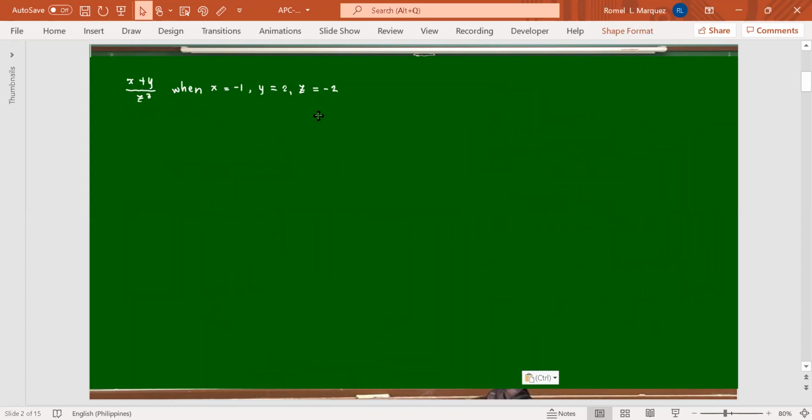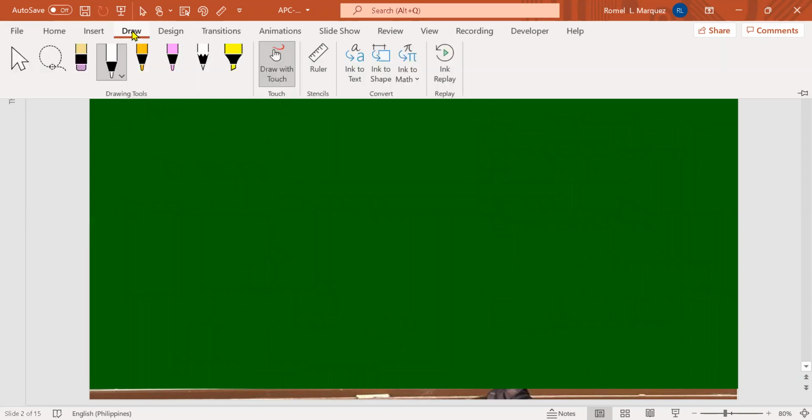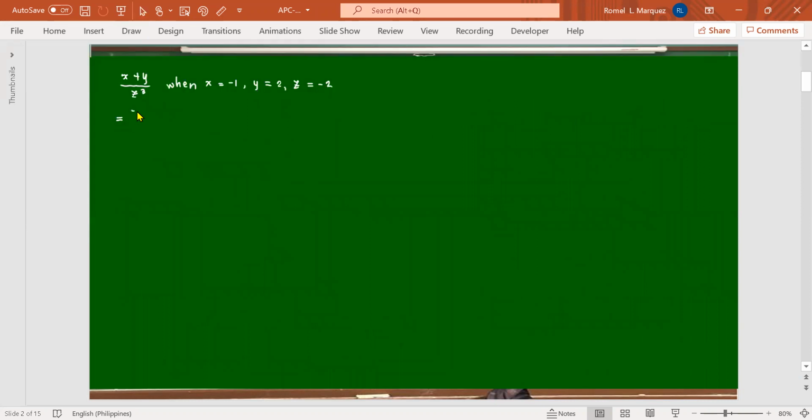So let's move it here. So this is equal to what, guys? So -1 plus 2 all over -2 quantity cube. Okay? So what's the value? 1 over -8 or -1 over 8.